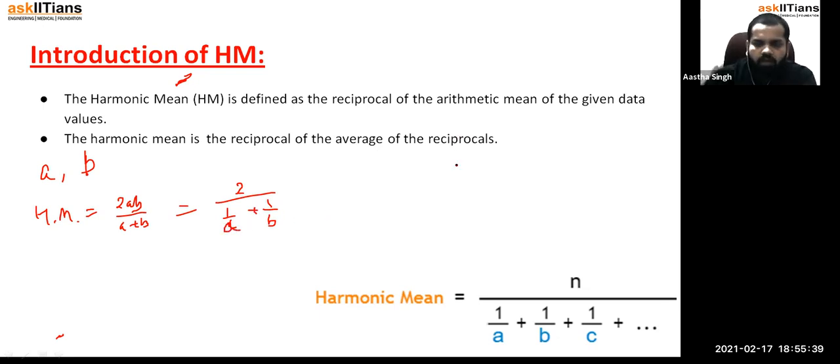Your harmonic mean is basically the total n numbers you have taken divided by the sum of the reciprocals of each number, 1 upon a plus 1 upon b plus 1 upon c plus 1 upon d, till n numbers, right?